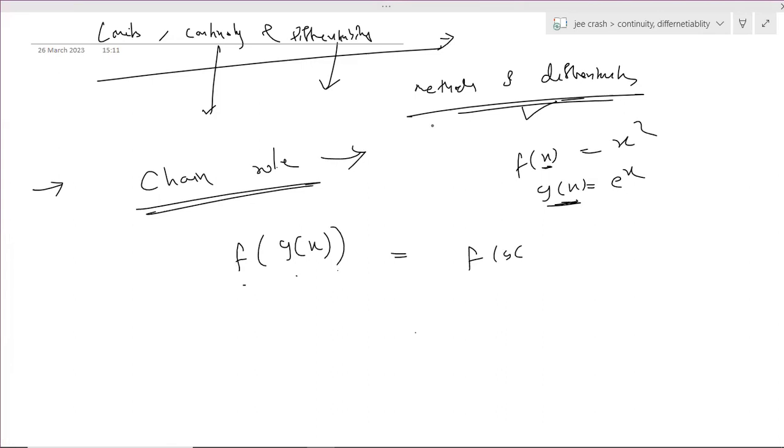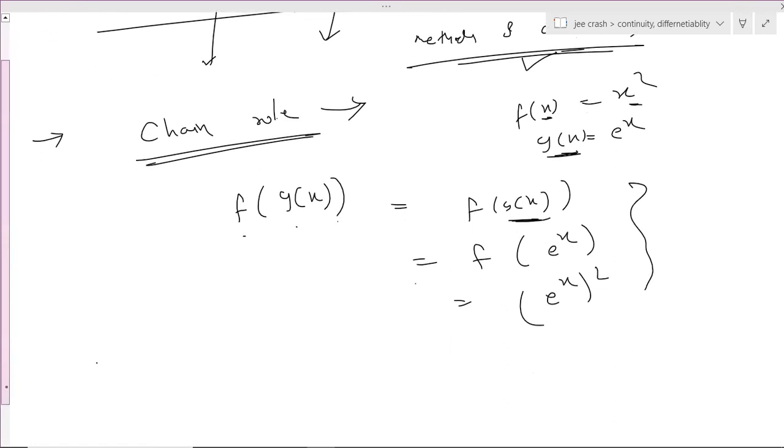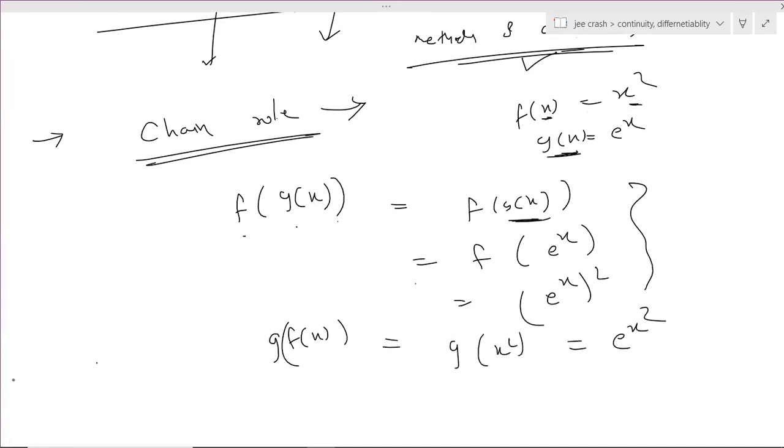So f of g of x, instead of g of x, I can put e to the power x. So in the place of x, I'll be putting e to the power x. So this is called composite function. Same way, if I find g of f of x, so g of x square, so e to the power x square.